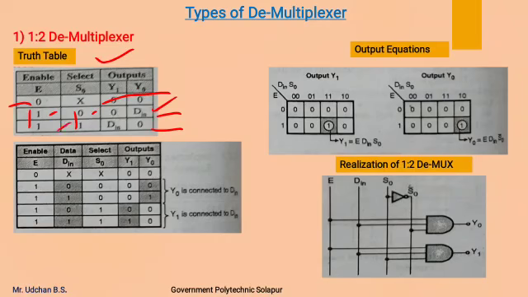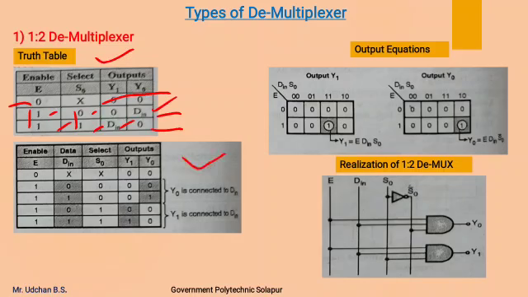And when enable input is 1 and select line is 1, we will get the data over the y1 line. So when select line is 0, it will select the y0 line. When select line is 1, it will select the y1 line, and the data input will appear over the selected output line.